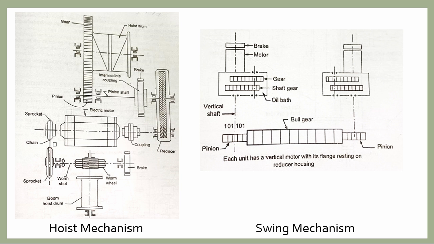Here the sprocket and the clutch are connected. Here is another sprocket. Here is the worm shaft. This one is the worm wheel. This one is the brake. This one is the boom hoist drum, and this one is called the reducer. So this is the schematic diagram of a hoist mechanism.